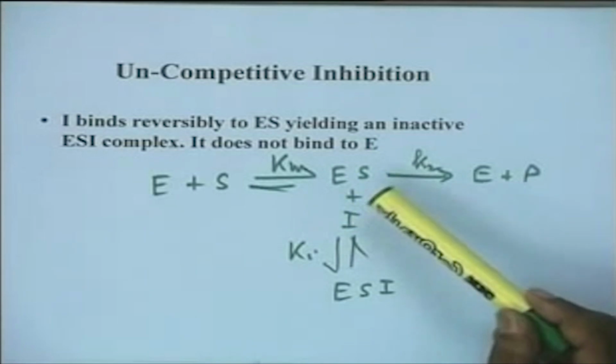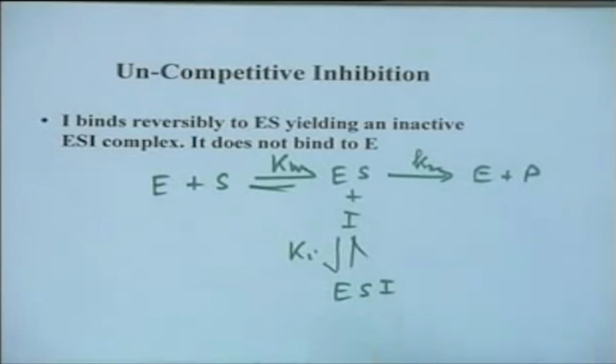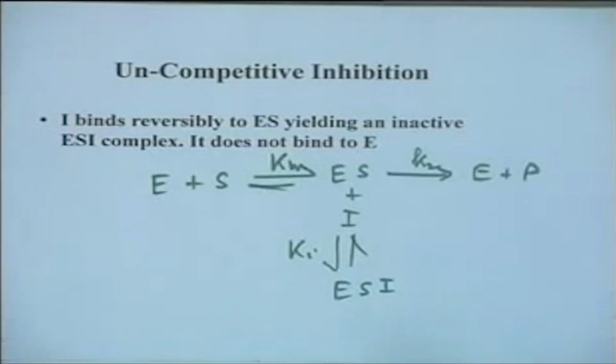So, in cases only where there is an ordered sequence of binding of the ligands, then only uncompetitive inhibition is feasible. In cases where the binding is random, that means the inhibitor and substrate can bind randomly without any sequence, the mechanism of uncompetitive inhibition is very rare.